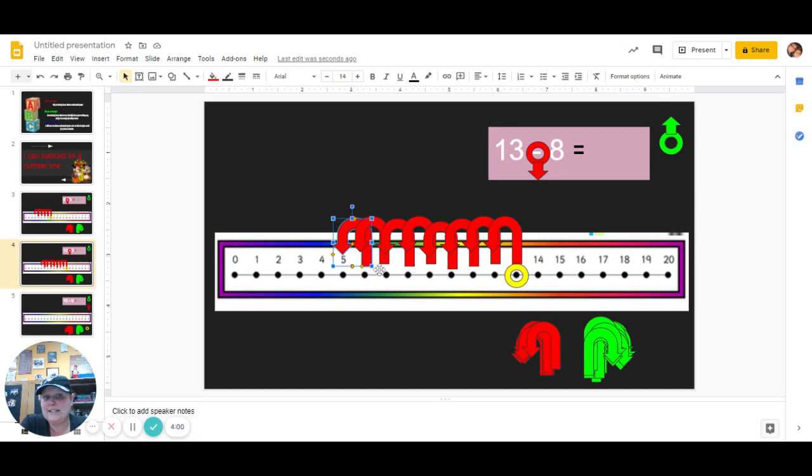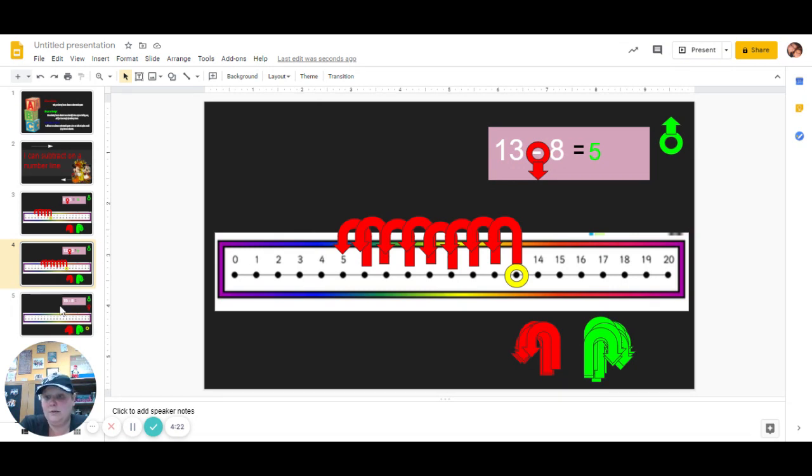My number got smaller and I'm left with 5. So I know I did this problem correctly. I have the right start number, I have the right amount of hop backwards numbers, and I have an answer here that is smaller than what I started with. And those are my ways to check, does my equation make sense?